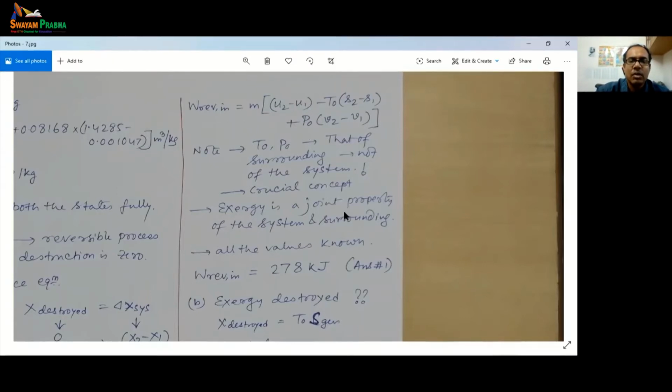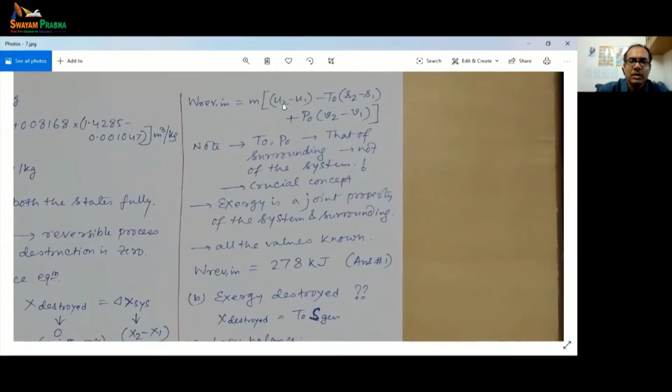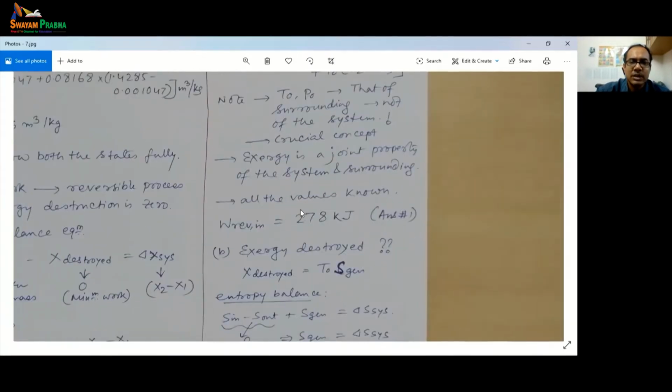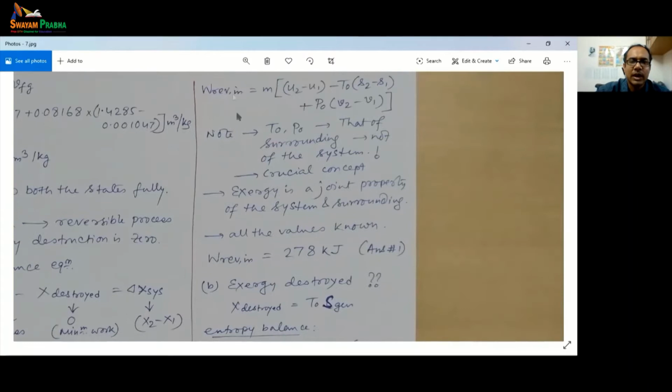Now all the values here we know: U2, U1, T naught, S2, S1, V2, V1 and P naught, and the mass we have also found out. So just put those values in and you can calculate that the reversible work input is 278 kilojoule. That's a minuscule amount, right?